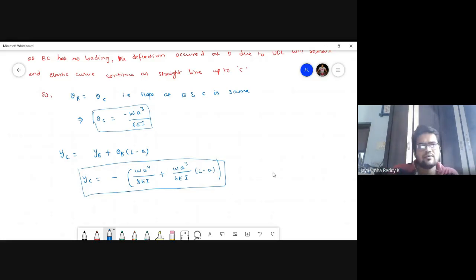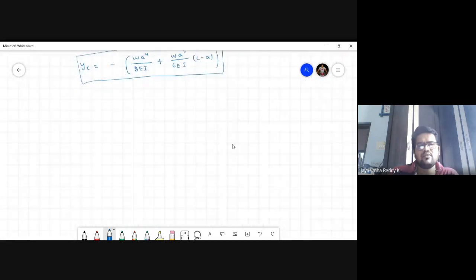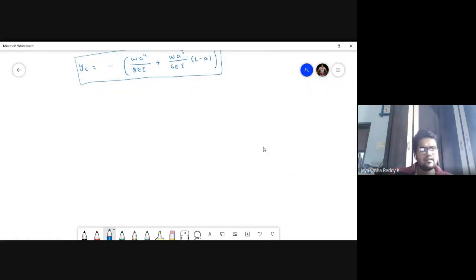All right, students. So this is a cantilever beam with UDL to some extent, starting from the fixed end. This is the fourth kind of load that we have seen, and we'll see some other loads, students. So let us try to solve for the fifth kind of load. The fifth kind of load is we'll assume the same cantilever beam, with UDL to some extent, starting from the free end.